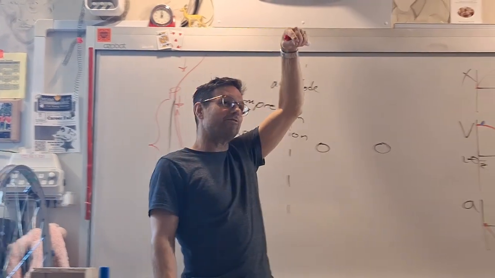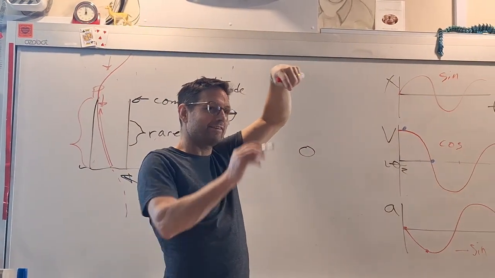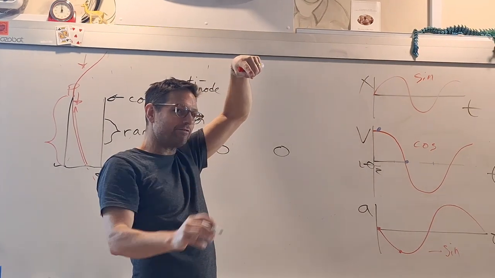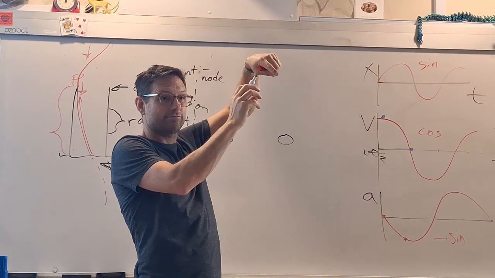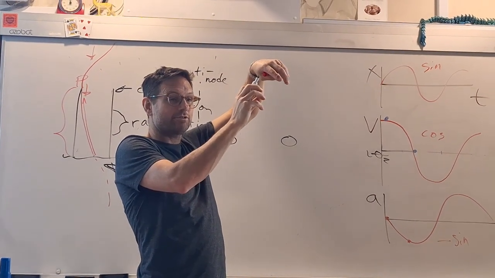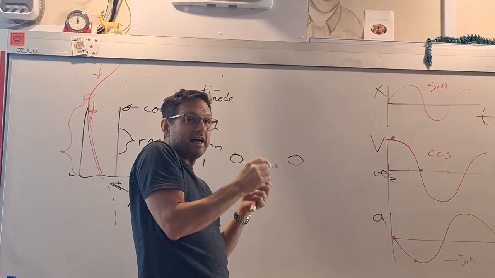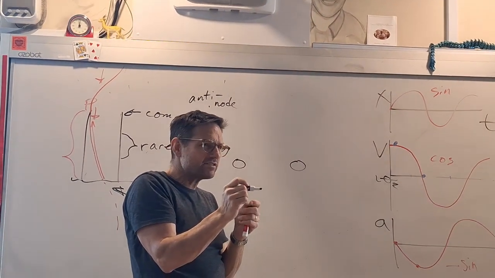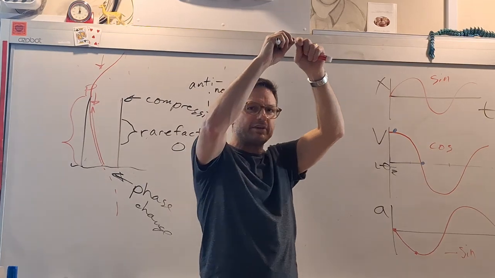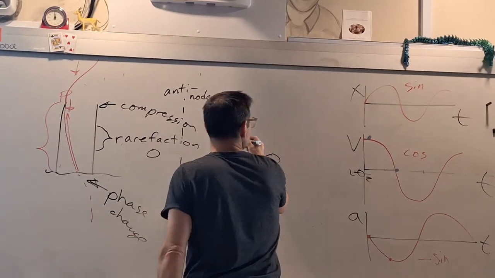So if you're a peak going in, and you go half a wavelength down and half a wavelength back out, you'll be a peak again, right? So if there's no phase change, half a wavelength would be correct. Does that make sense? Because your peak would come down, like, here.